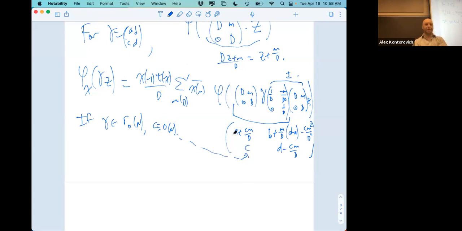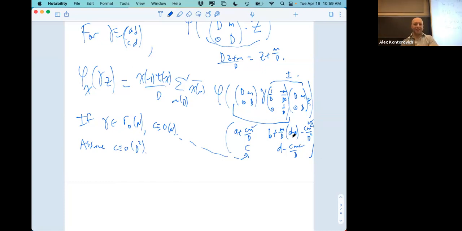Phi is invariant under integer matrices with a 0 here. The problem is these aren't integer matrices unless we make them. What if C is also 0 mod d squared? So now let's assume C is also 0 mod d squared. Then that's an integer, and so is that, and so is that.